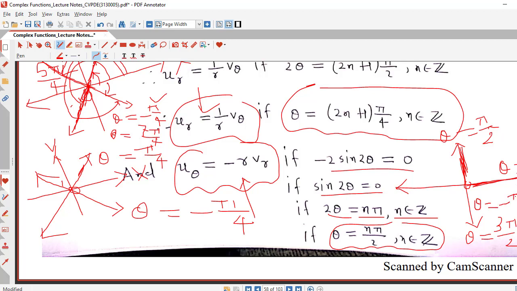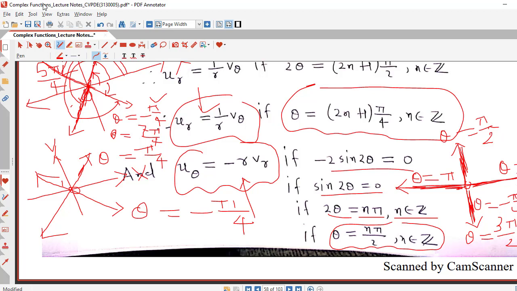But in both cases, I obtain the negative y-axis. Similarly, if I take n equal to 2, I obtain θ equal to π. And at z equal to 0, the function is undefined. So this second equation is satisfied if θ, that is the argument of z, is a multiple of π/2.